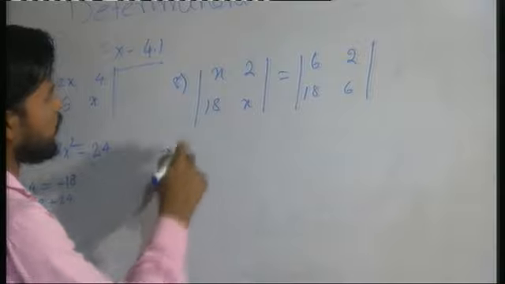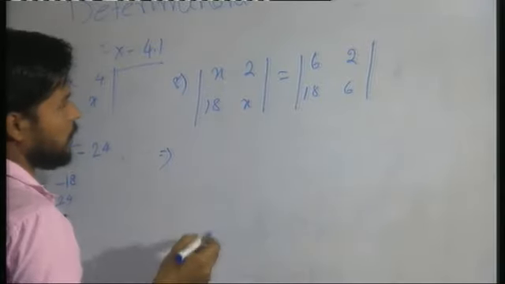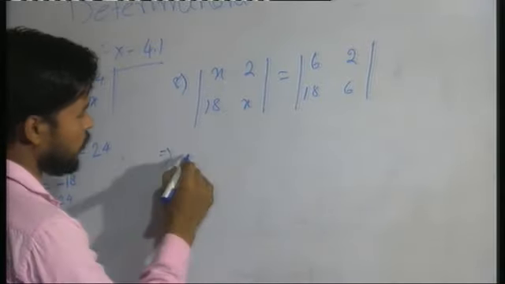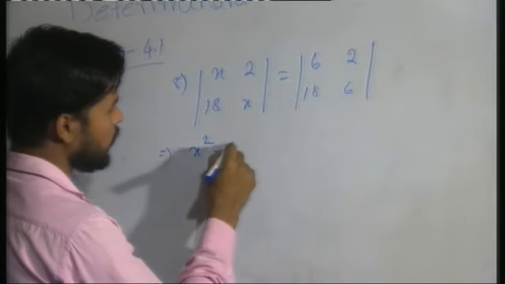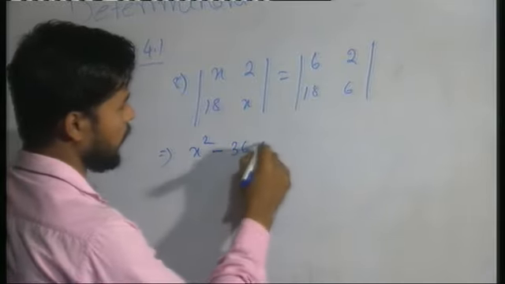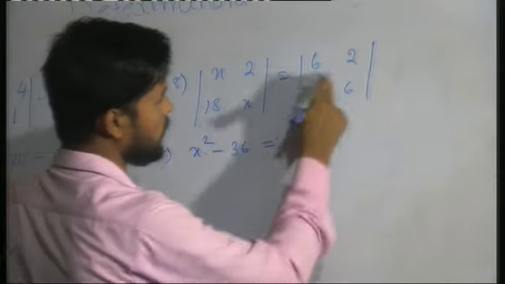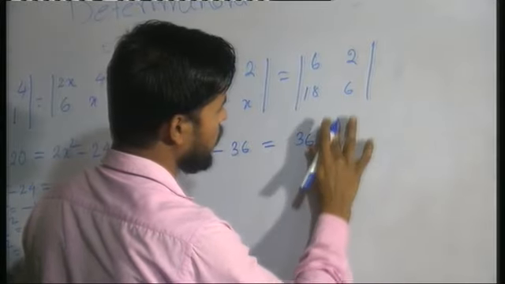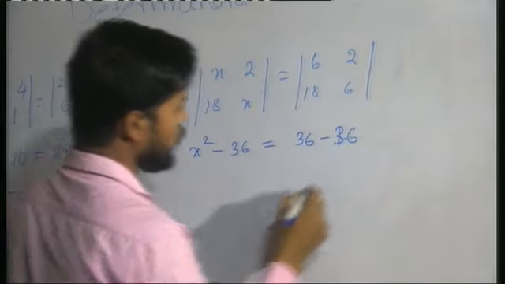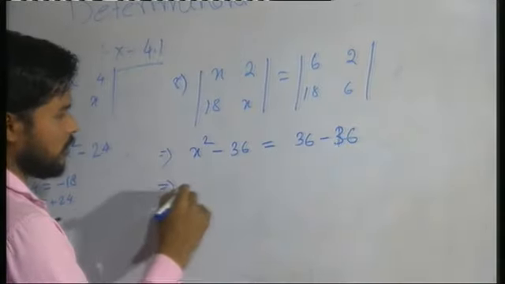Now expand the determinant. On the left hand side, multiply these two elements. So x into x is x square, and 18 into 2 is minus 36. On the right, 6 sixes are 36, minus 18 twos is 36 again. So the expression on the right hand side is equal to 0.